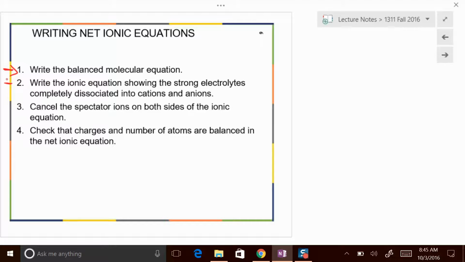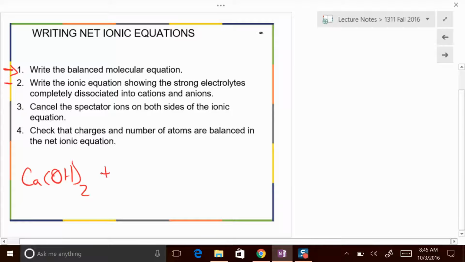And that's important because if you're given something like this, okay, what are the potential products of this reaction?